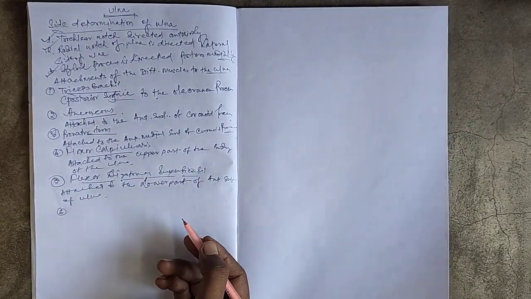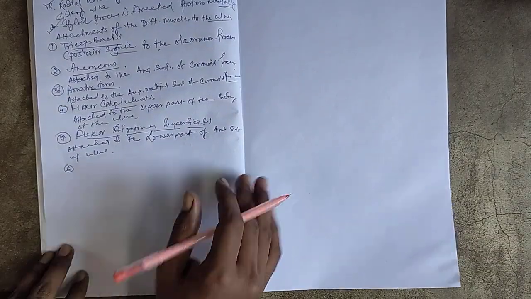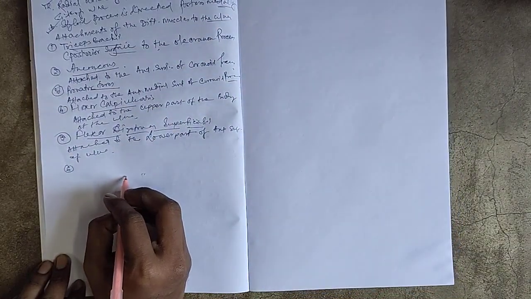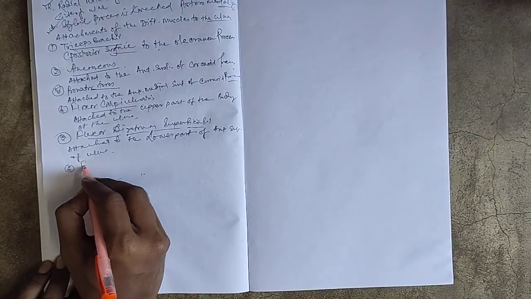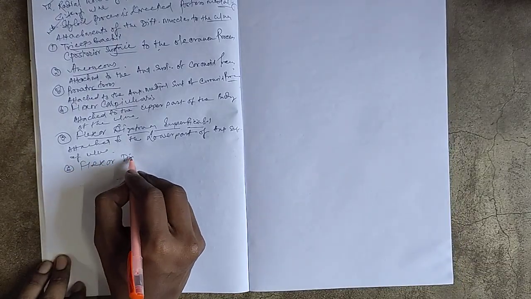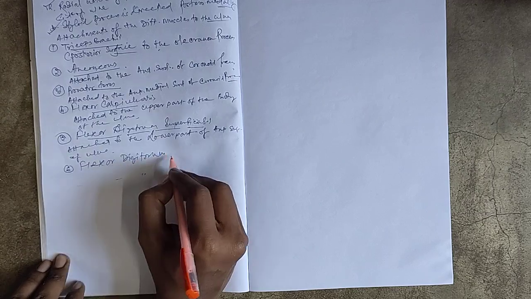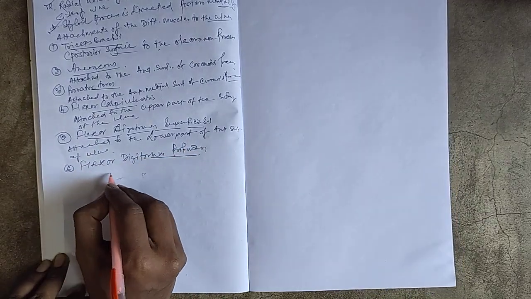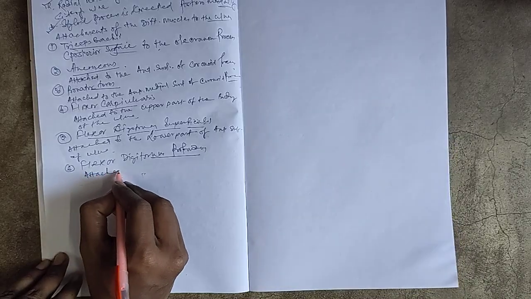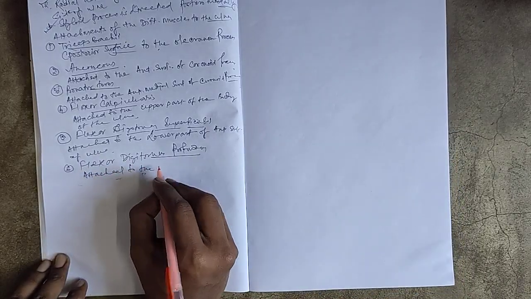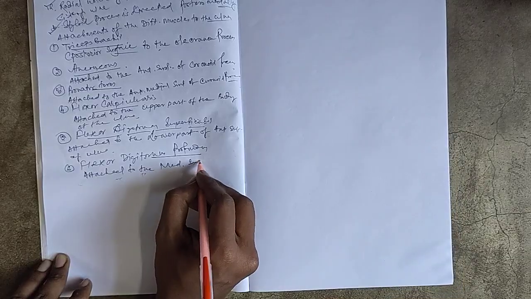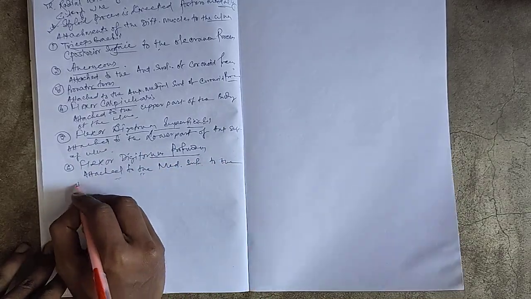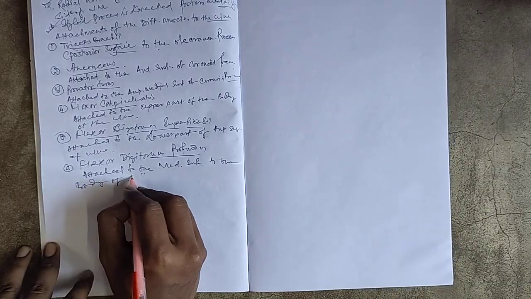And number 6, the flexor digitorum profundus is attached to the medial surface of the body of the ulna.